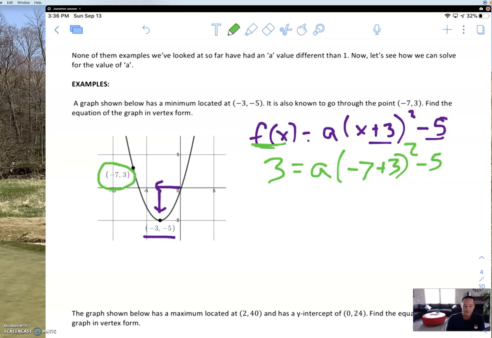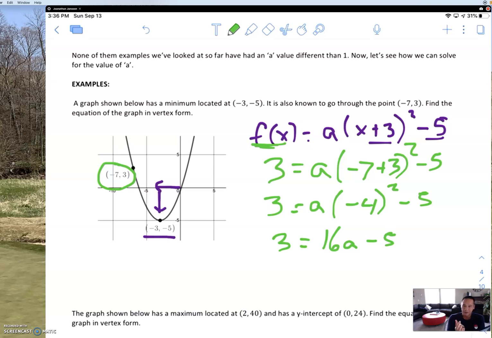Now it's just a matter of simplifying and solving. So we have the -7 plus 3 is going to be -4. If you take the -4 squared, it's going to become 16. So I'm going to call that 16a minus 5.